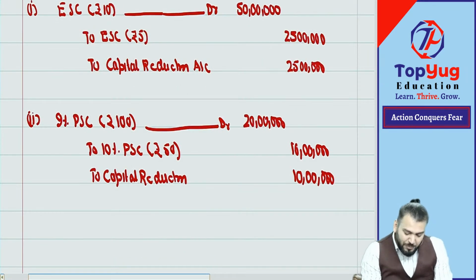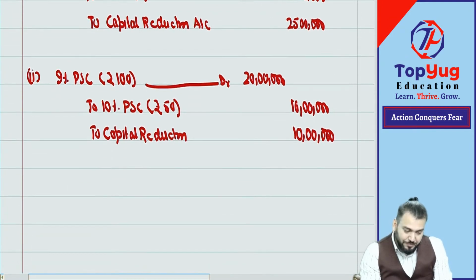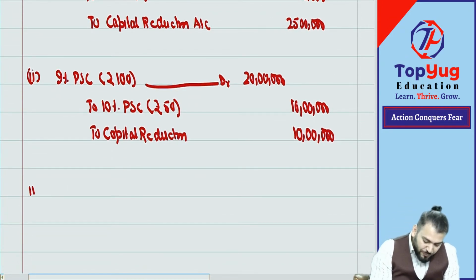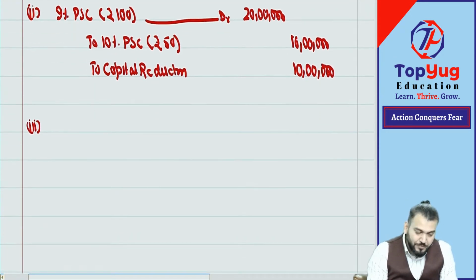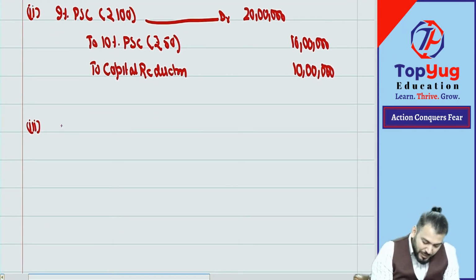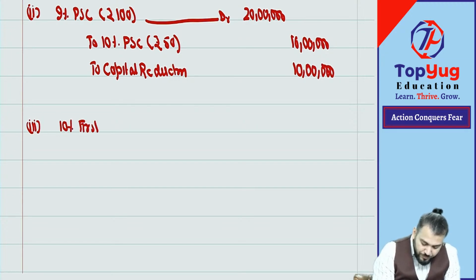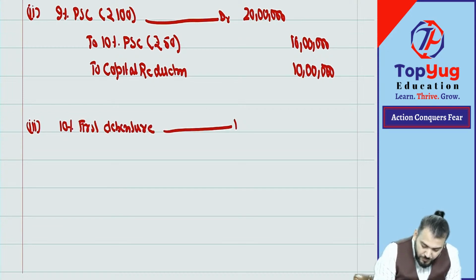So can I pass one compound journal entry if you permit? So can I say first we will debit all outstanding, correct? So it is the 10% first debenture. How much for Mr. A? 4 lakh.